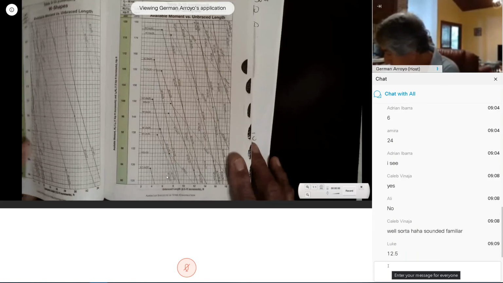And you have to remember, this is L sub P, this is L sub R. So now that we know that our value of brace length is between 8.76 L sub P and 28.2 L sub R, equation F2-2 controls.